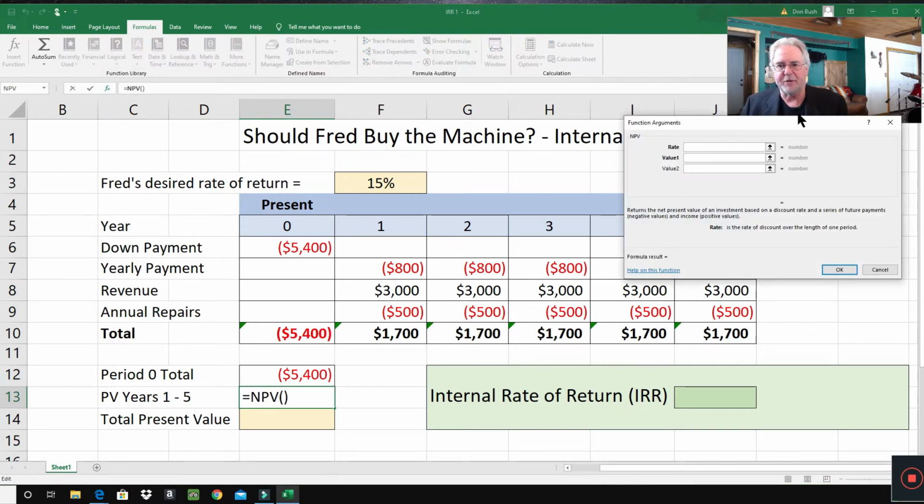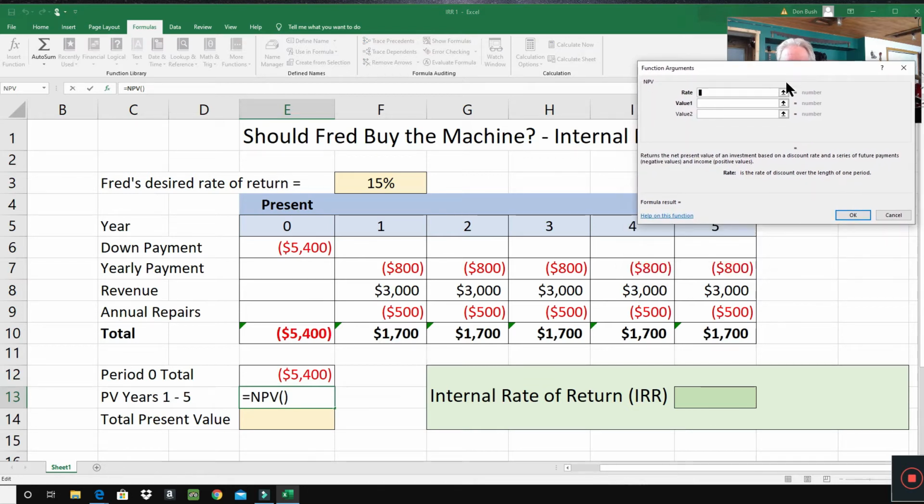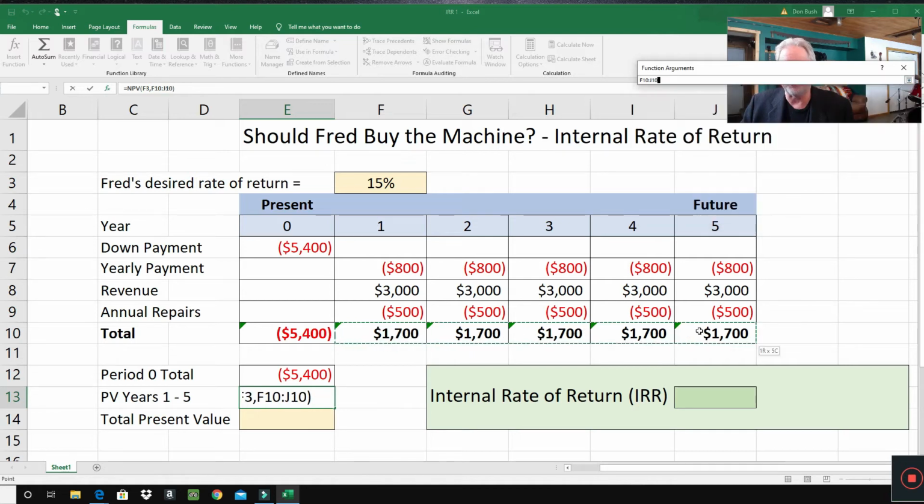So here we go. For the rate of return, I'm going to make this a little bit more automatic. I could type in 15% or 0.15, but all I'm going to do for the rate is just click on it, and Excel will take care of the rest for me. Value 1, rather than typing these values in one at a time, let's just cover up the ones we need, years 1 through 5.